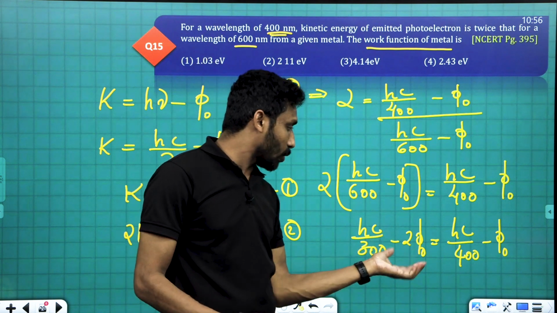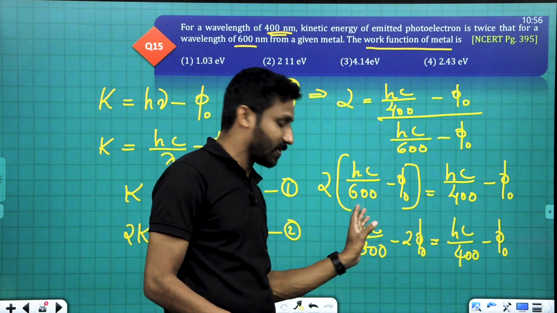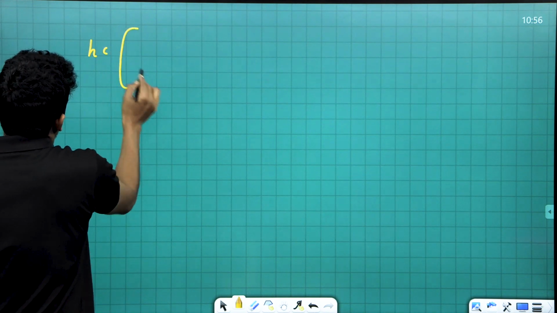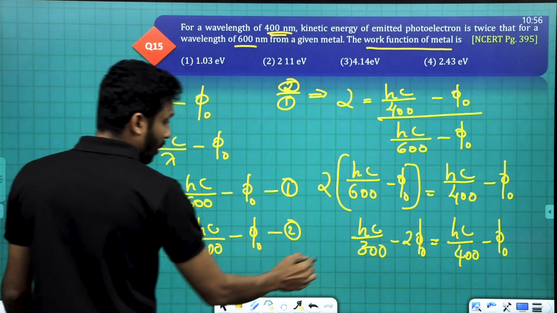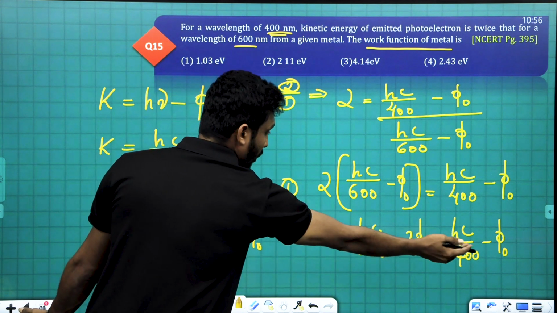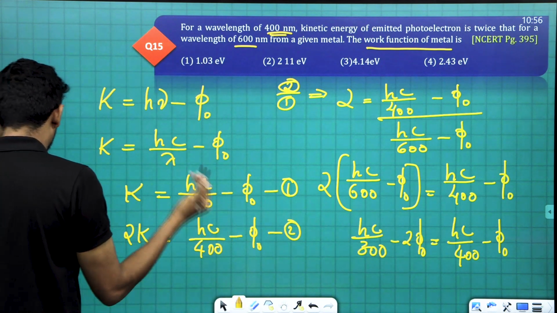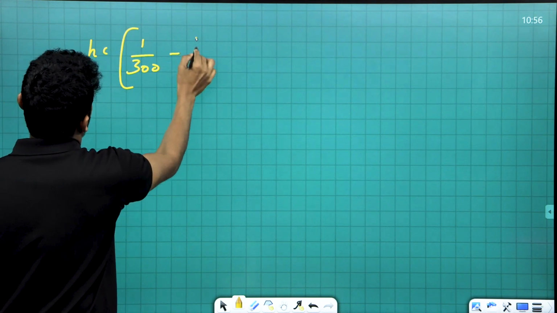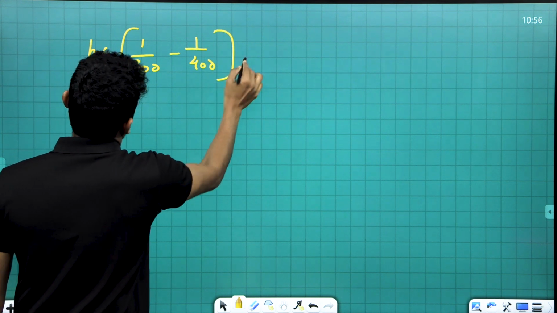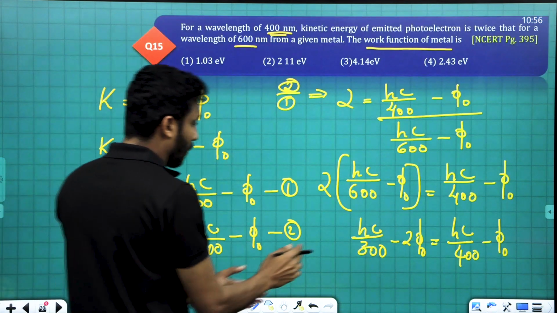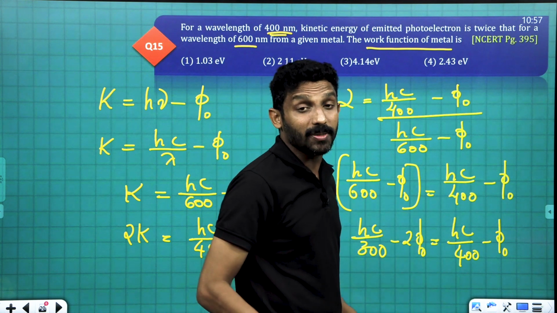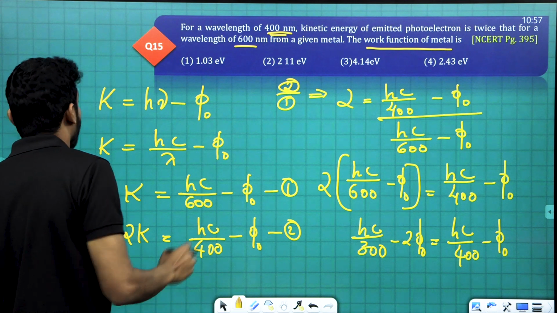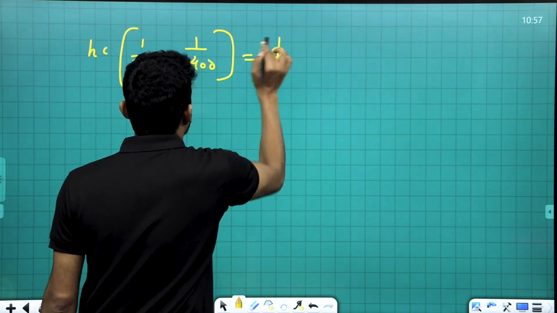Clear? Minus phi naught to that side, then hc by 400 to this side. What we get? Hc becomes common. Then 1 by 300 minus 1 by 400 is equal to, here minus 2 phi naught to that side becomes plus 2 phi naught minus phi naught, that is simply phi naught, and this is asked.